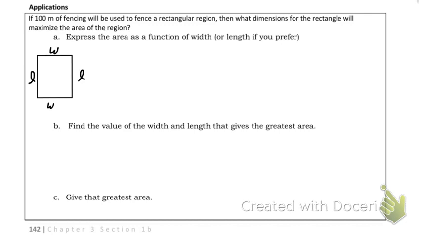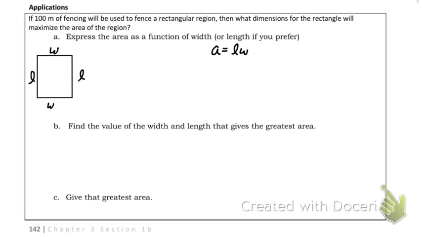Now, we are trying to maximize the area. So at the end of the day, we need to have area, and I'm going to leave a little blank here: area equals length times width. But what I'm going to note is, well, this doesn't have anything I started with.